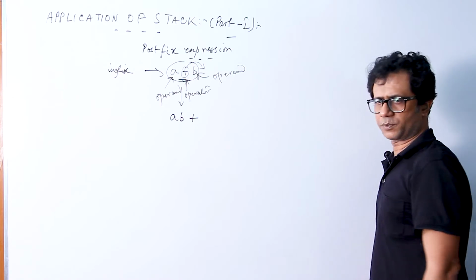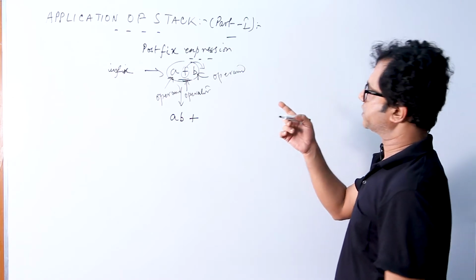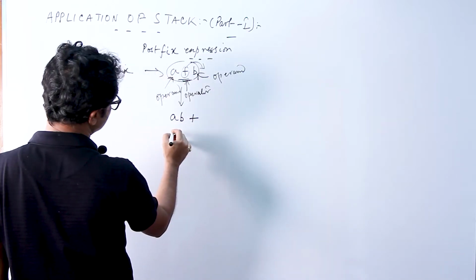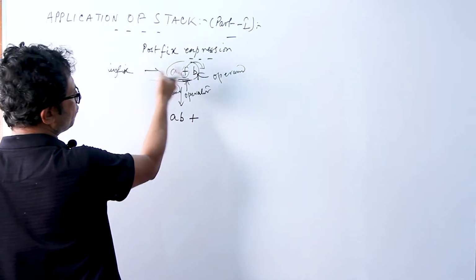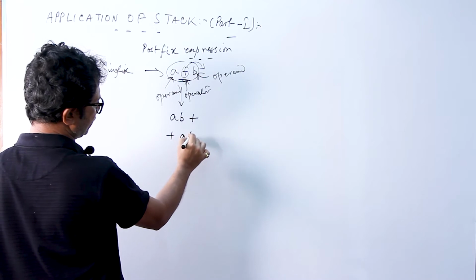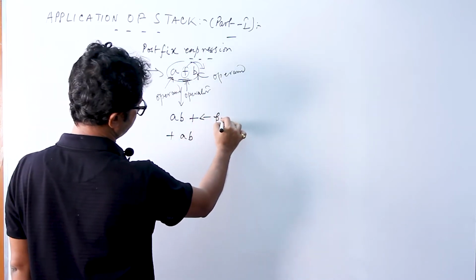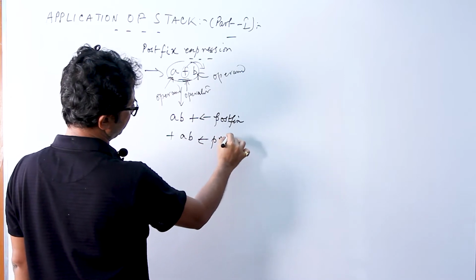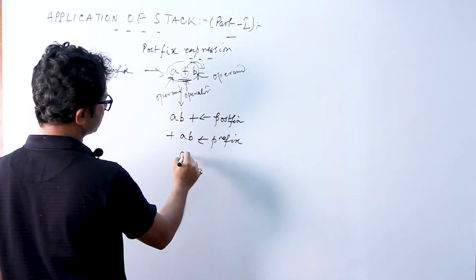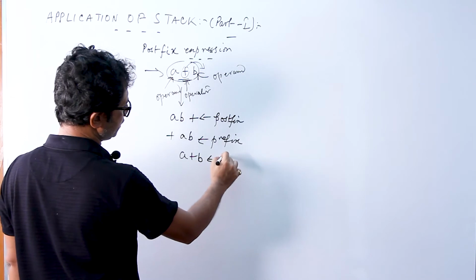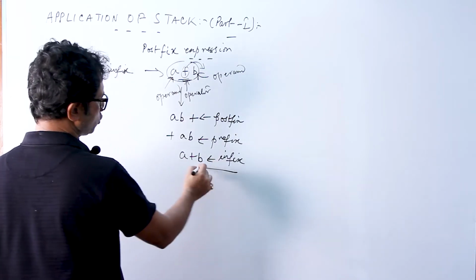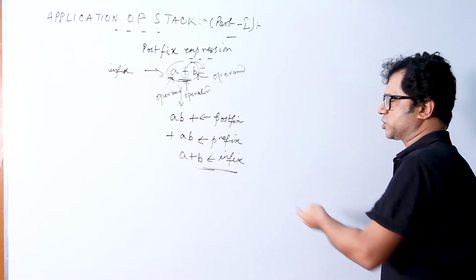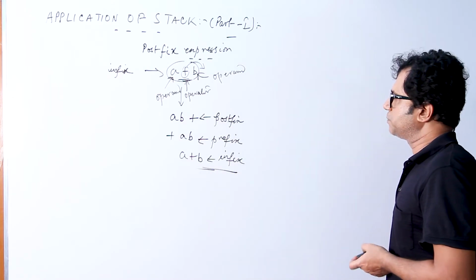And there is yet another type of expression called the prefix expression, where plus goes before A and B. So this is the postfix expression, this is the prefix expression, and the infix is a plus b. This is a simple illustration of the concept of the infix, postfix and prefix expression.